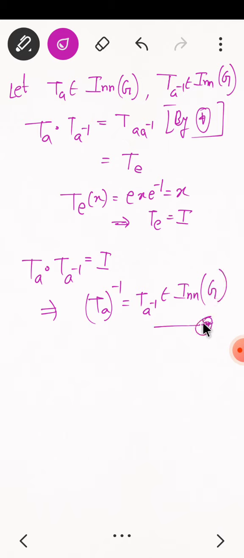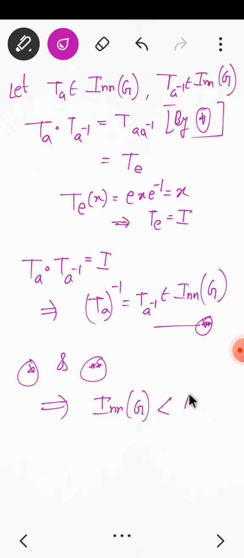Then from star and double star we say that Inn(G) is a subgroup of Aut(G), and every subgroup is itself a group. So Inn(G) is a group.